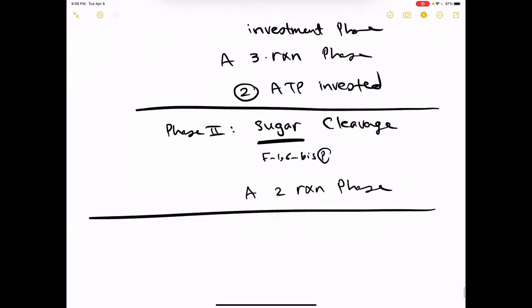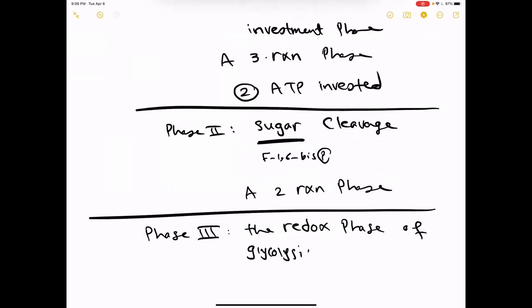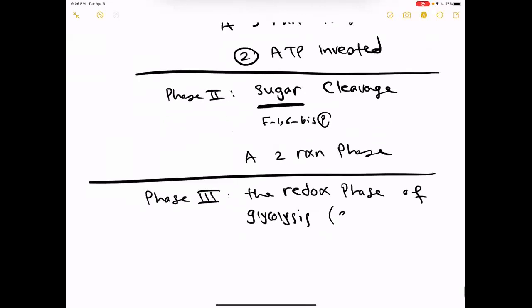And then phase 3, which I called yesterday the redox phase of glycolysis, and it is a 1 reaction phase. At least that's how we did it.